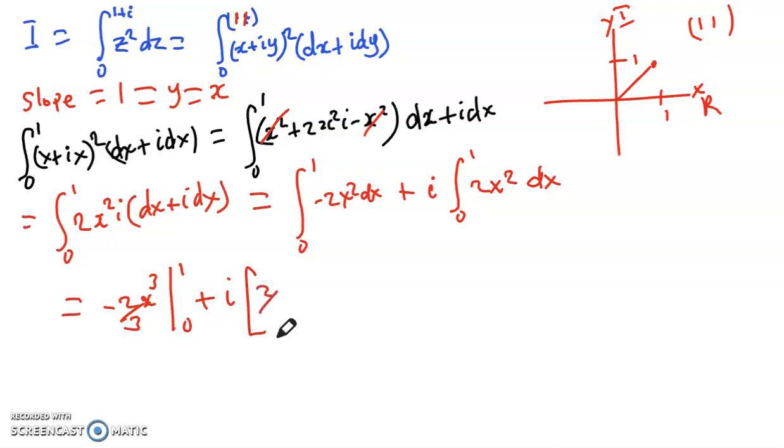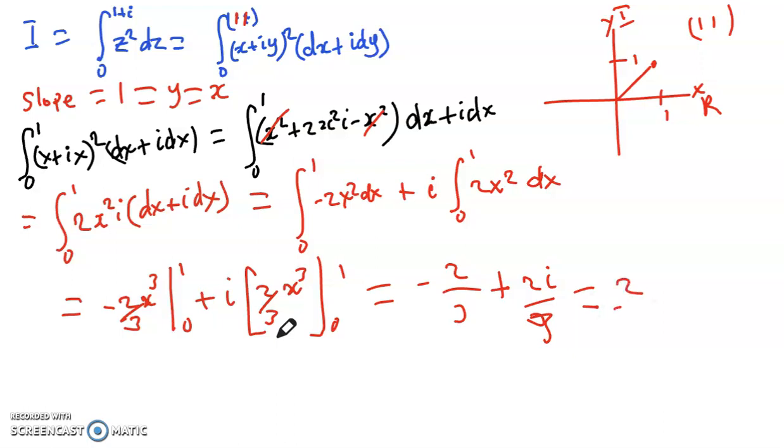That is 2 over 3, still, but positive, x cubed from 0 to 1. This is nothing but negative 2 over 3 plus 2i over 3, which will simply be 2 over 3 times (i minus 1).